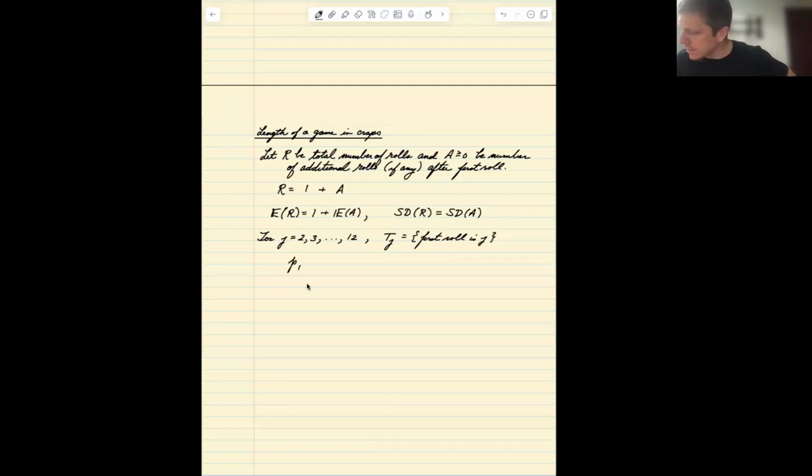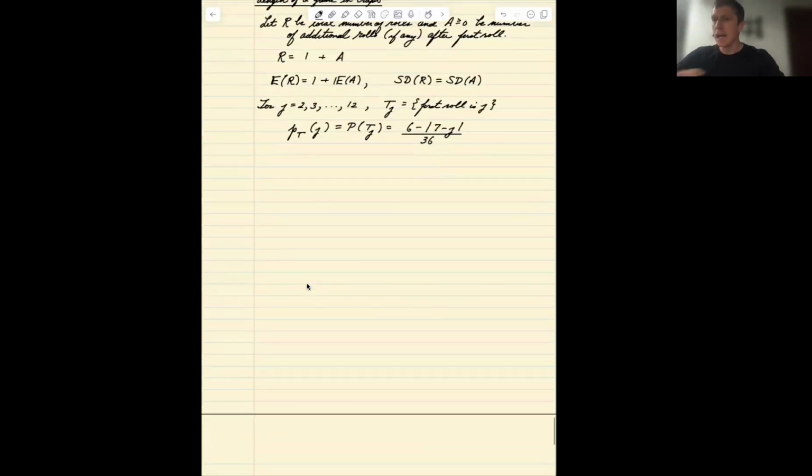And the probability mass function of this random variable is called the triangular distribution, which assigns probability 1/36 to 2, 2/36 to 3, 3/36 to 4, up until a maximum of 6/36 for rolling a 7, and then we come back down linearly until the probability of a 12 is 1/36.